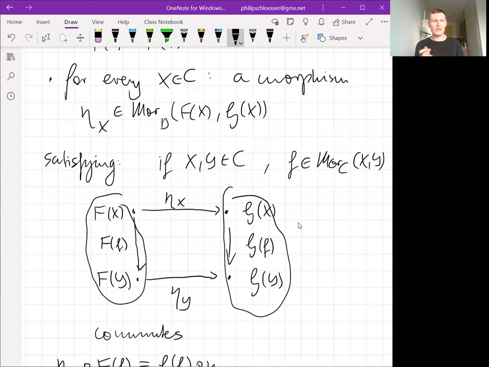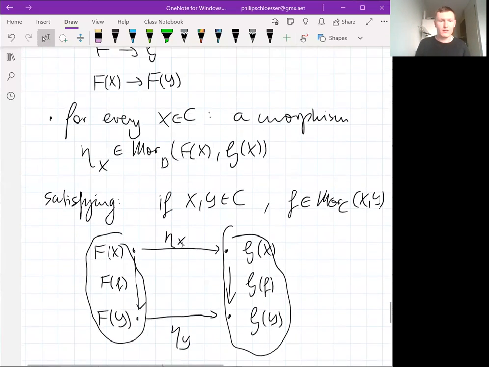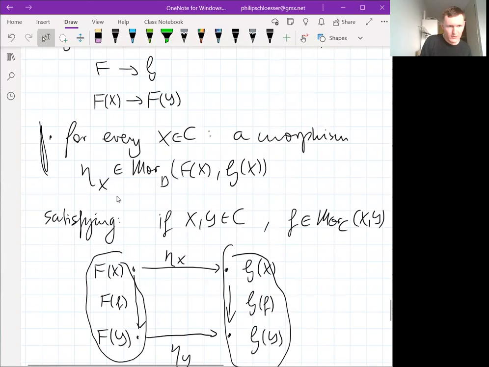And we want our natural transformation to be just a morphism between F of x and G of x for every x. So you list all the objects in C and say, for every object in C, I want a morphism between F of that object and G of that object. And that is the first part here.